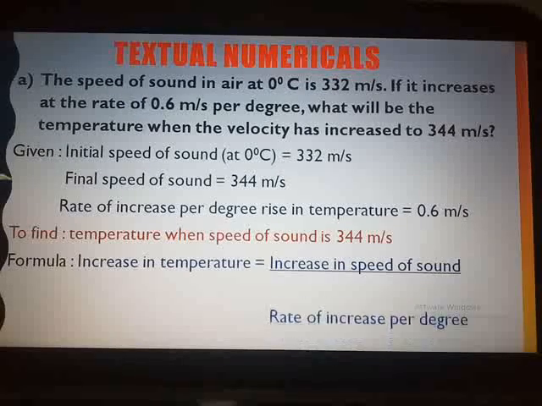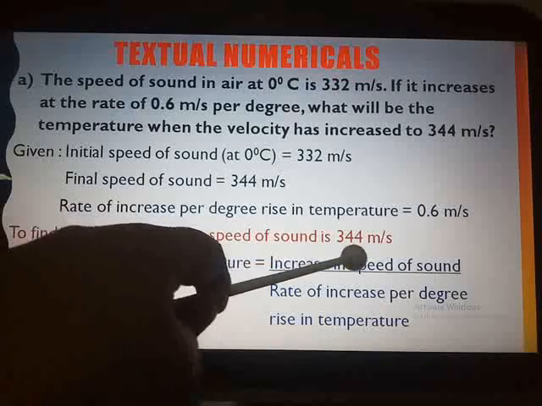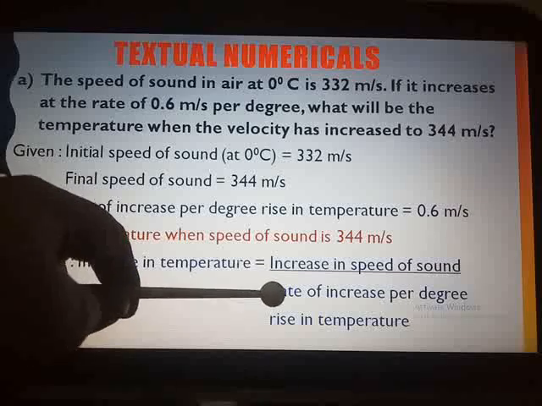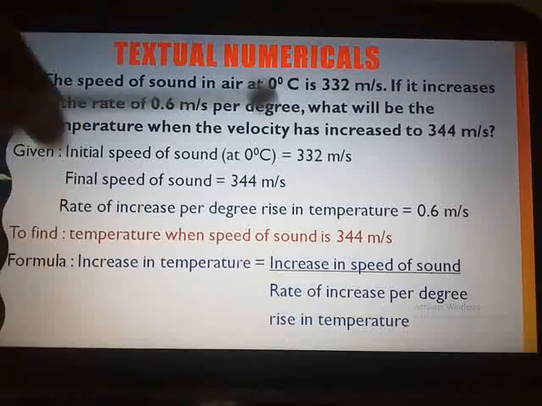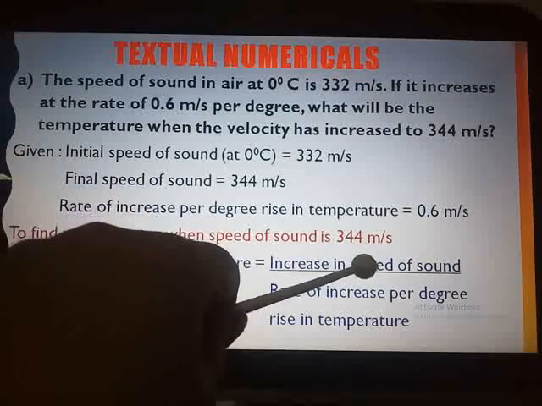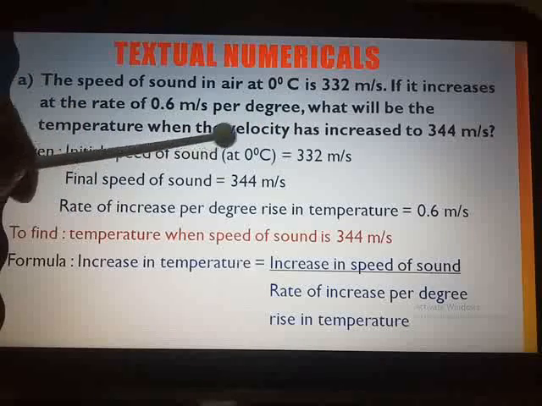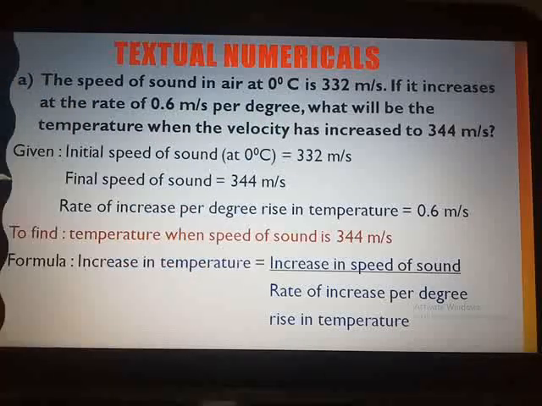So the formula you are going to use is: increase in temperature is increase in speed of sound upon rate of increase per degree rise in temperature. Now if you want to know the increase in speed of sound, you have to subtract the initial speed from the final speed. So final speed 344 minus initial speed 332, upon 0.6.